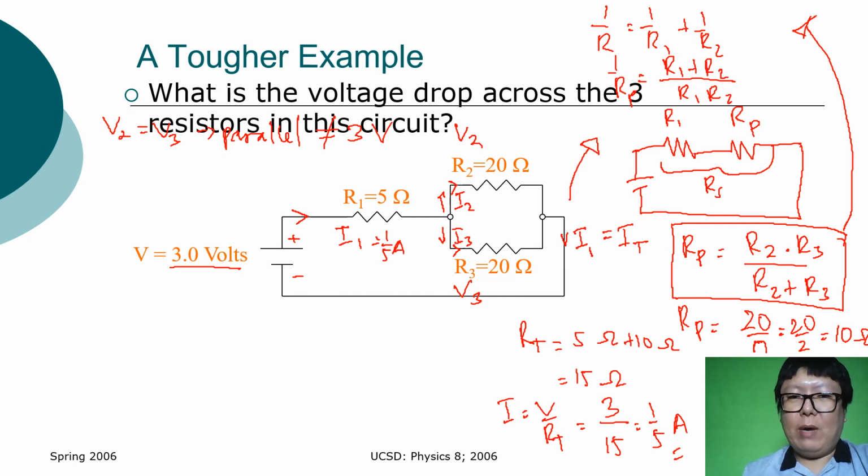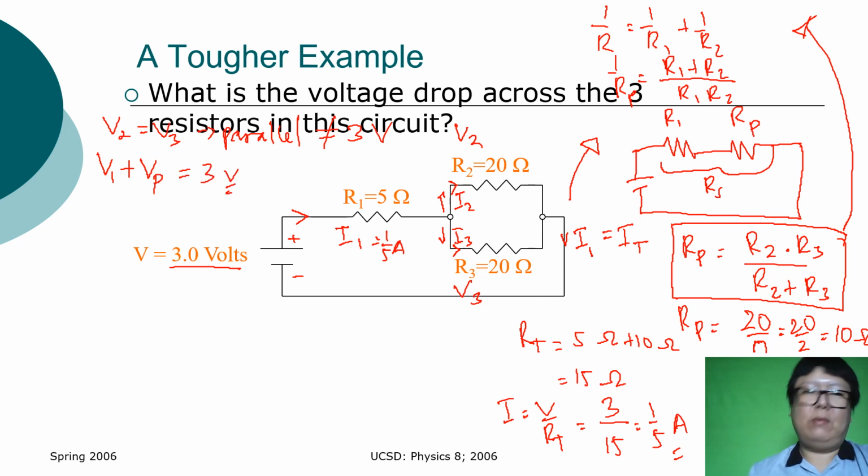Because R1 is in series with the parallel resistors. Or we can say that V1 plus V parallel equal to 3-volt. Okay, remember this.